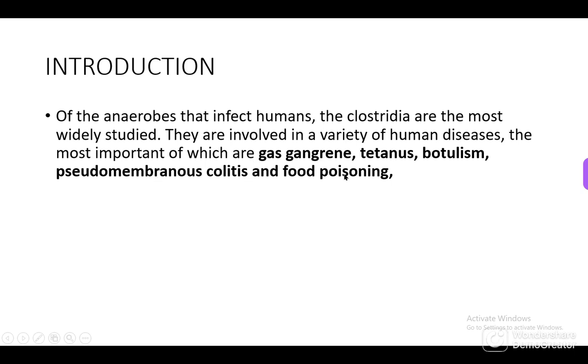Food poisoning can occur by any species of Clostridium, as far as Clostridium is concerned: Clostridium perfringens, Clostridium tetani, Clostridium botulinum, or Clostridium difficile. Whatever the species is, they will cause involvement of gastroenteritis, the stomach and the small intestine and the large intestine.